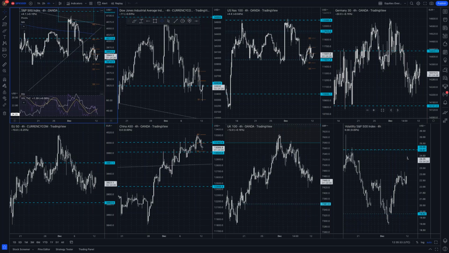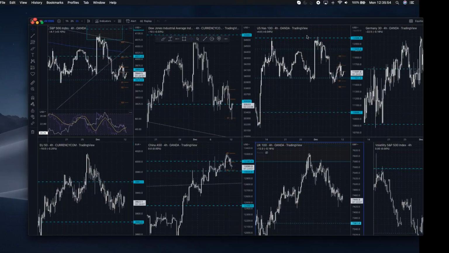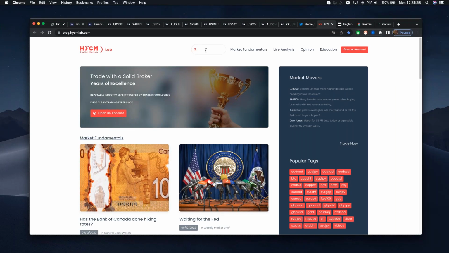That's been a pressure on stocks, except for Chinese stocks, which have been steadily gaining on reopening hopes. In particular, we saw a boost in China's 50 when we looked at the prioritization of vaccination of the elderly. On HYCM's blog, of which I am the main contributor, I highlighted the pivot that was really taking place.